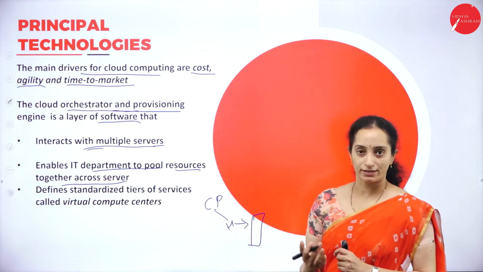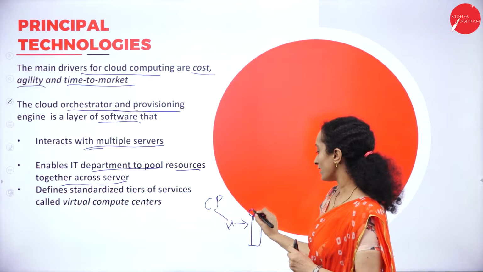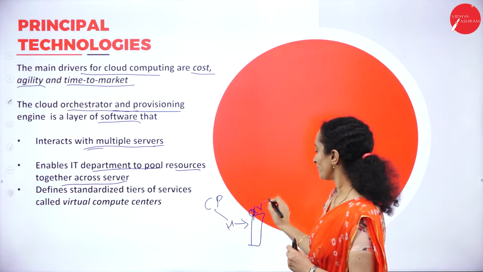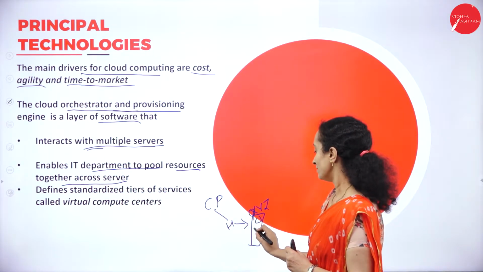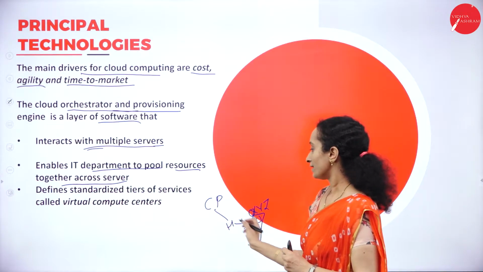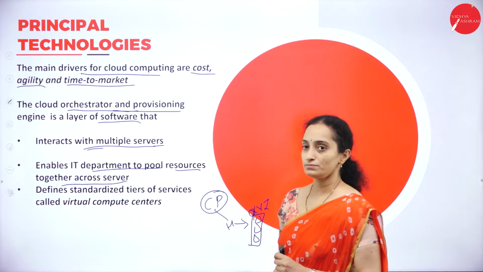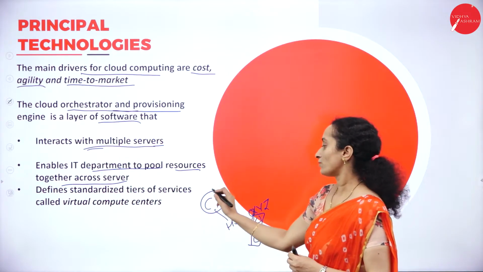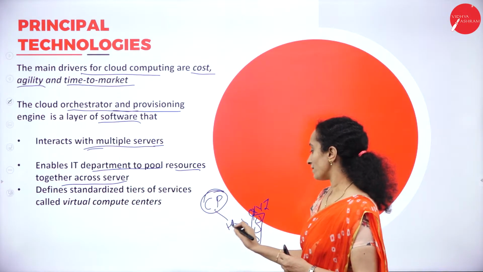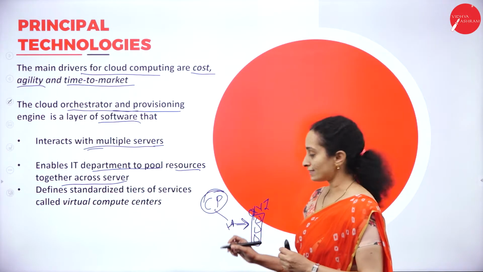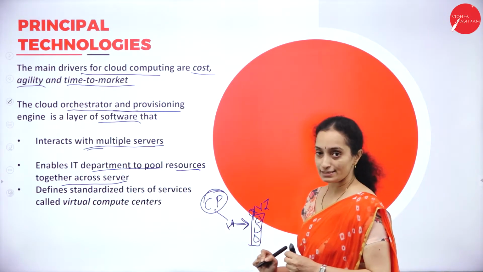If you take a private cloud, you may have an organization XYZ where you have 3 servers connected to this cloud platform. To the cloud platform we have a hypervisor which interacts with the guest servers. We have 3 guest servers.